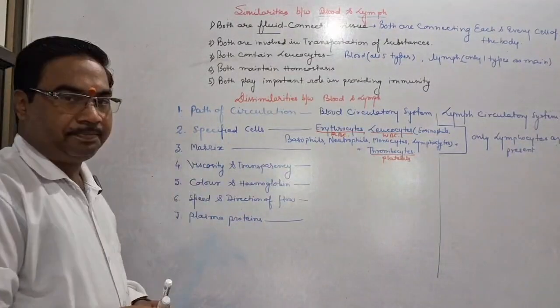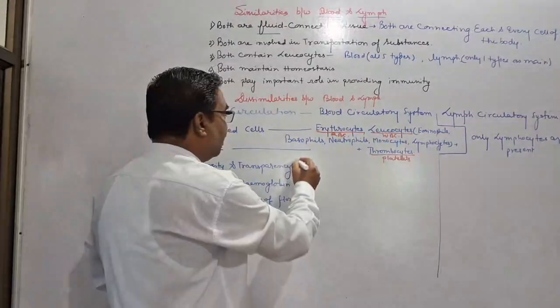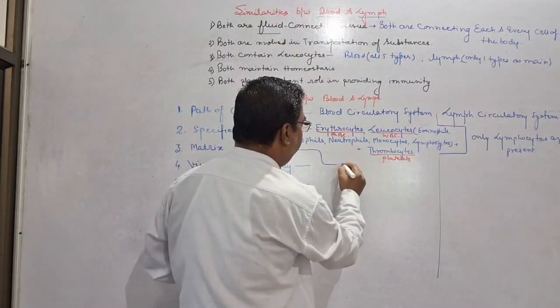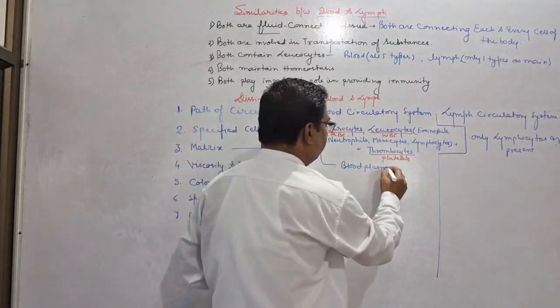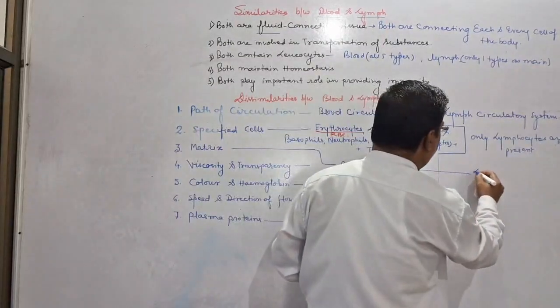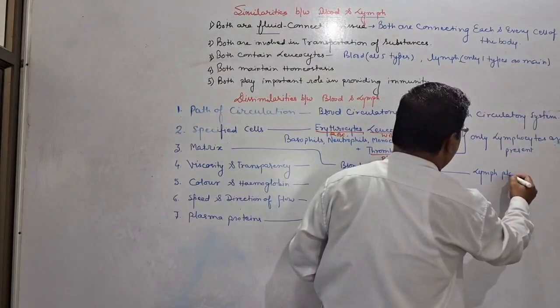Now matrix. Here the matrix is blood plasma, and here the matrix is lymph plasma.